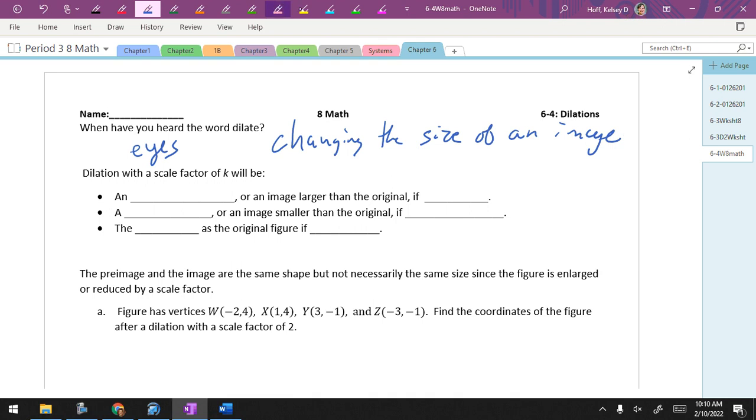They always use the letter K for scale factor. I don't know why, but that's just the chosen letter. So an enlargement, or when the image is bigger than the original, happens if K is greater than 1. If your scale factor is greater than 1, it is going to make your object larger.